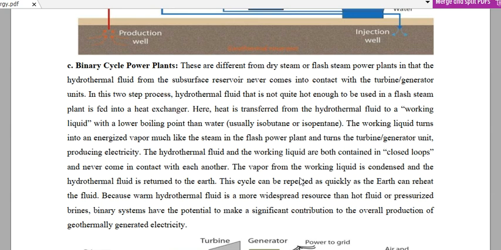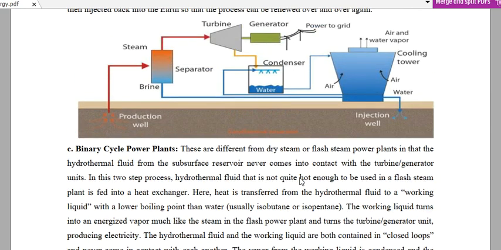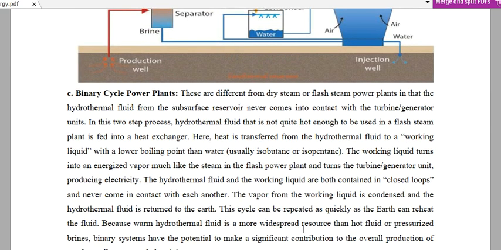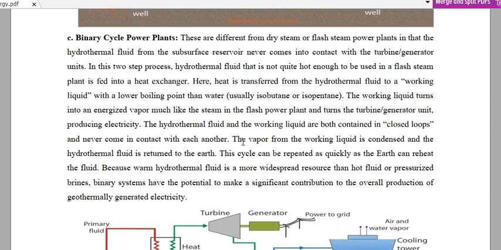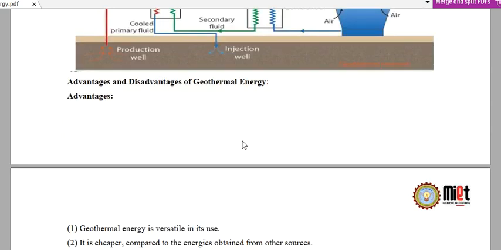So fluid at high temperature which converts into steam is directly used in the flash type power plant, and the water which has a relatively low temperature is used in a binary cycle power plant. But the three cases given here are the most popularly used plants. So let's now discuss some advantages and disadvantages of geothermal energy.